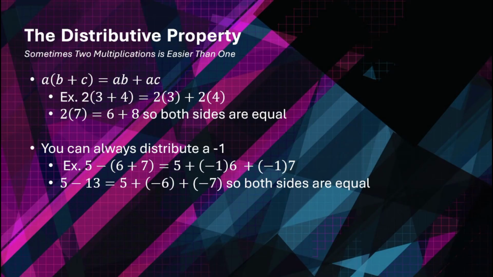That is going to leave us with 5 minus 13 on the left, and then 5 plus negative 6 plus negative 7, which also ultimately reduces to 5 plus negative 13, which is the same thing as 5 minus 13. All right, so that is two examples of using the distributive property.